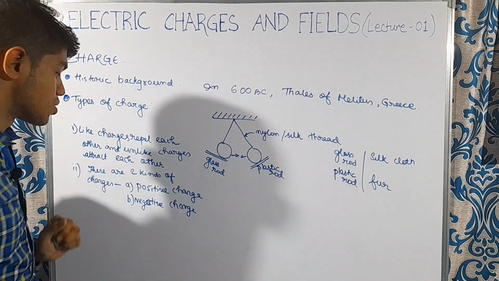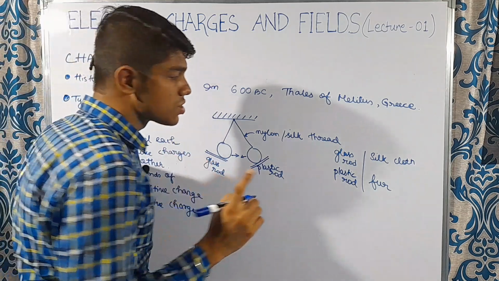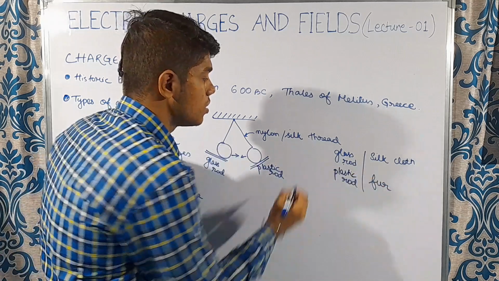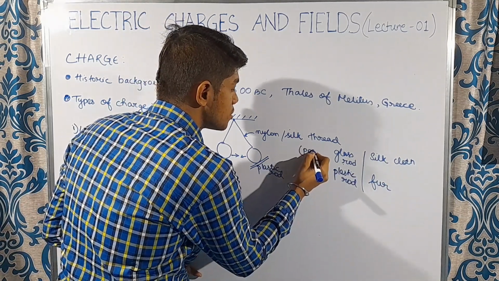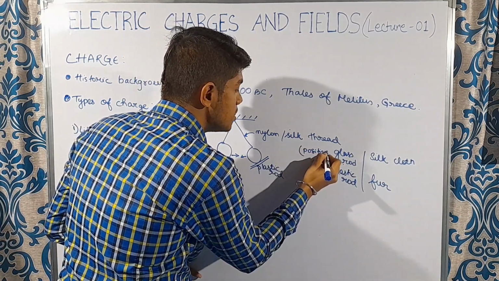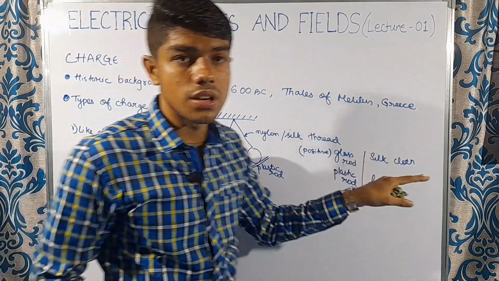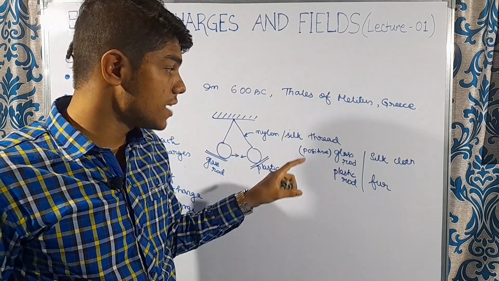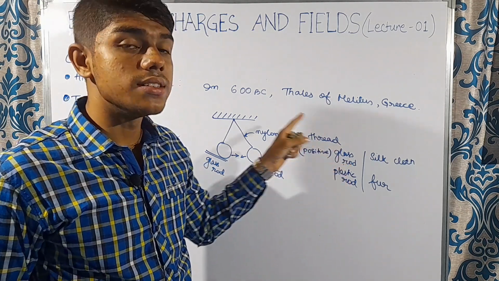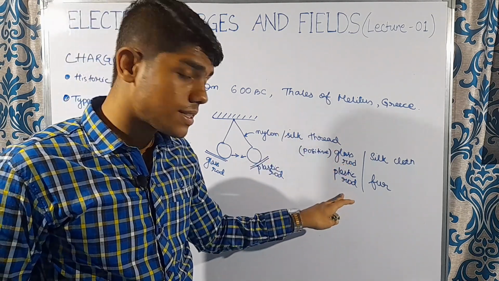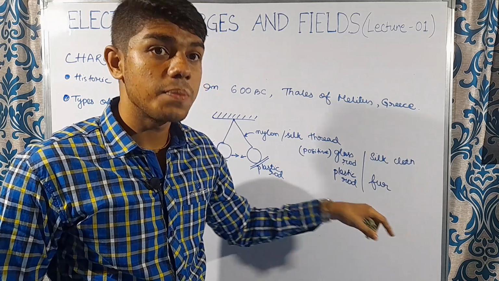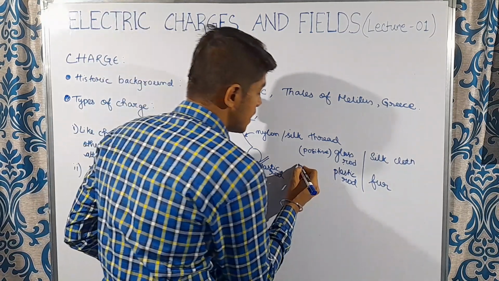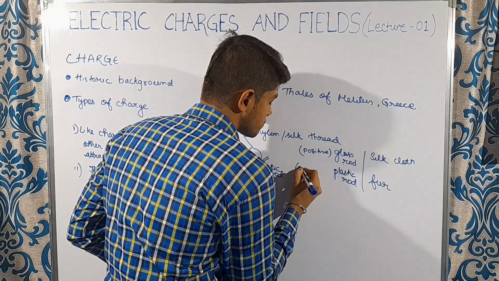According to his convention, the charge acquired by a glass rod when rubbed with silk cloth is positive charge. Understood? That means when a glass rod is rubbed with silk cloth, the glass rod will acquire a positive charge. And when a plastic rod is rubbed with fur, the charge that is acquired by the plastic rod is the negative charge.